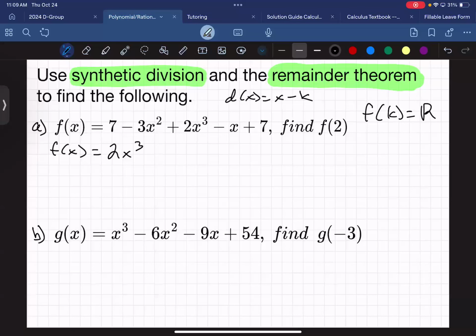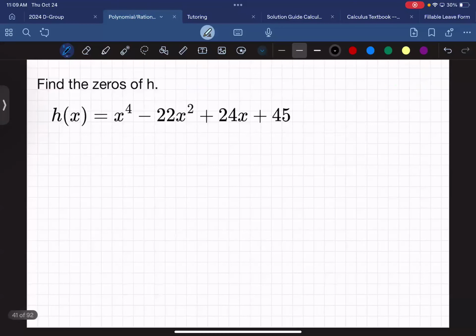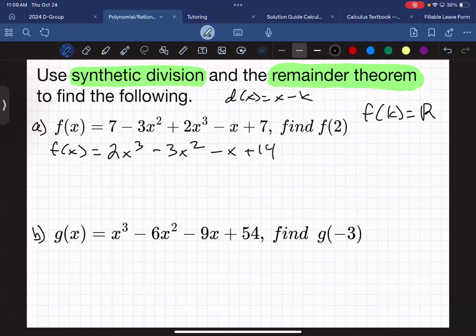So it'd be 2x cubed minus 3x squared minus x, and then what, plus 14? Let me make sure. Yeah, we're going to deal with the combining like terms and missing terms on the next one. I wouldn't want to do that here.